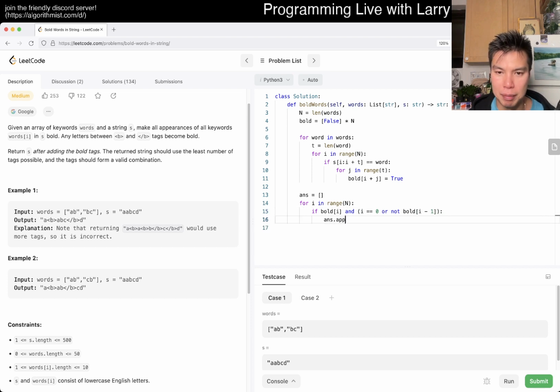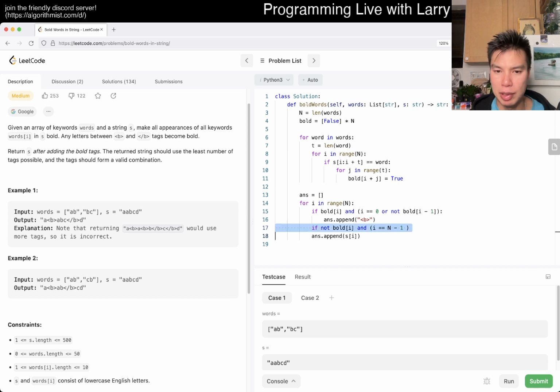Then answer dot append this thing. Otherwise, append what's it? Word sub i. Oh no, s sub i. Whoops. And then also conversely, if not bold sub i and i is equal to n minus 1.